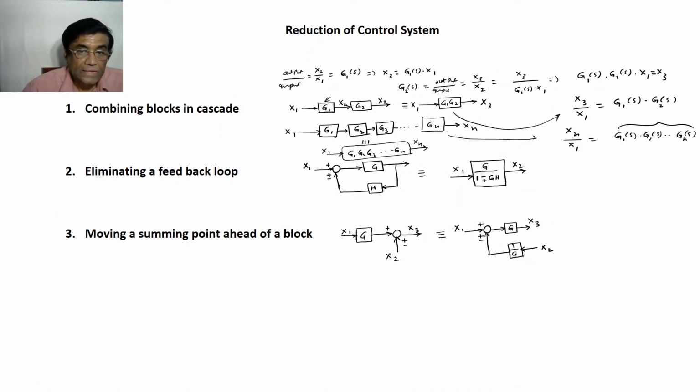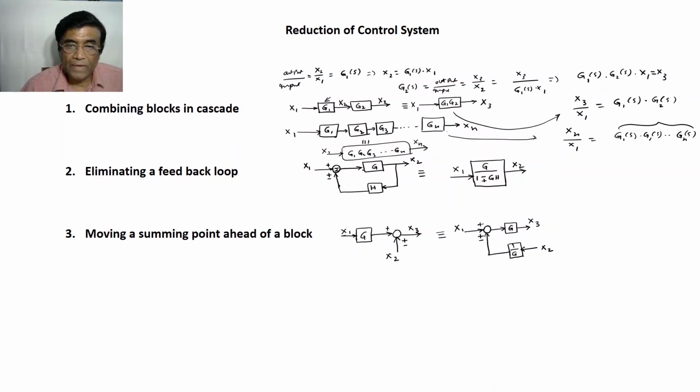Then also, normally the controllers are closed loop control, as we have discussed, and there is normally a feedback loop. So say this is X2, and say X1 is the input signal. So there is a junction block now.